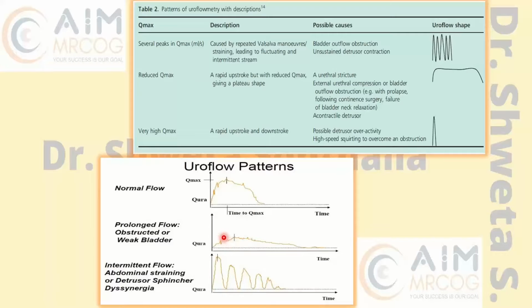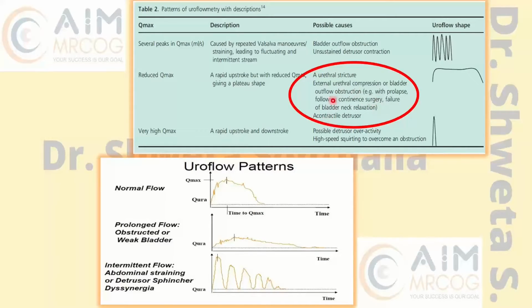Why is the Qmax reduced? Again, when the woman is voiding against obstruction. So what could be the reason? Again, urethral stricture, external compression due to prolapse, which will lead to kinking of the urethra, or following continence surgery, or failure of bladder neck relaxation. And again, the contractile detrusor.